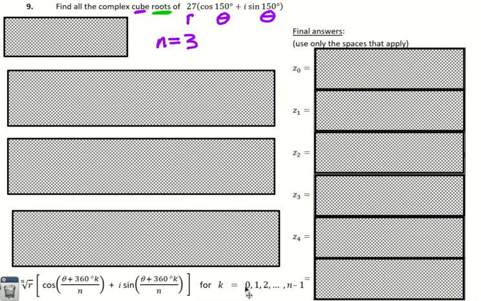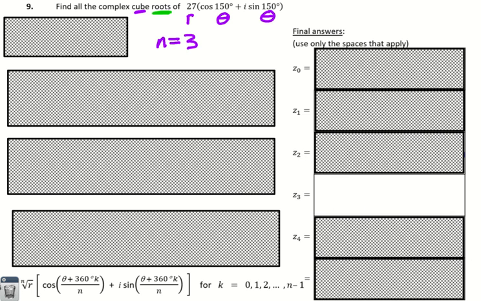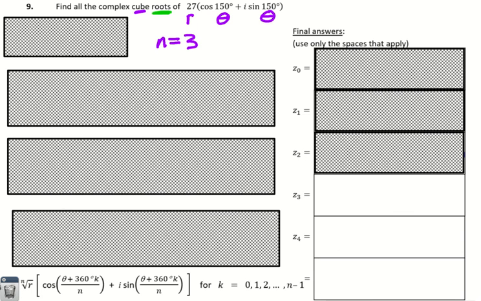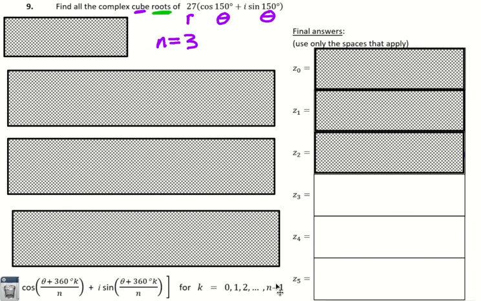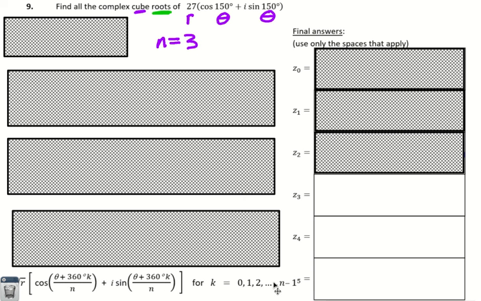If we want 3 roots total, essentially z sub 0, z sub 1, and z sub 2, there's not going to be a z sub 3 or z sub 4. There's only going to be 3 roots.